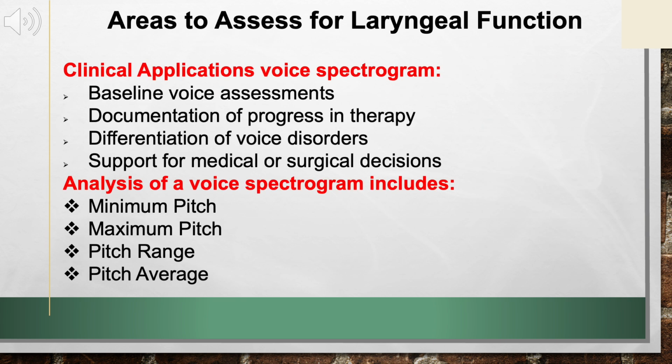Clinical applications. Baseline voice assessments. Documentation of progress in therapy. Differentiation of voice disorders. Support for medical or surgical decisions. Analysis of a voice spectrogram includes minimum pitch, maximum pitch, pitch range, pitch average.